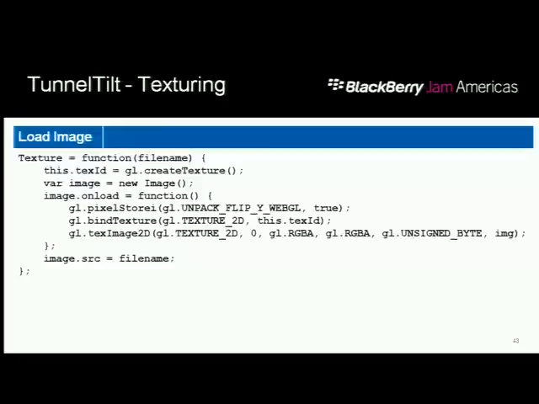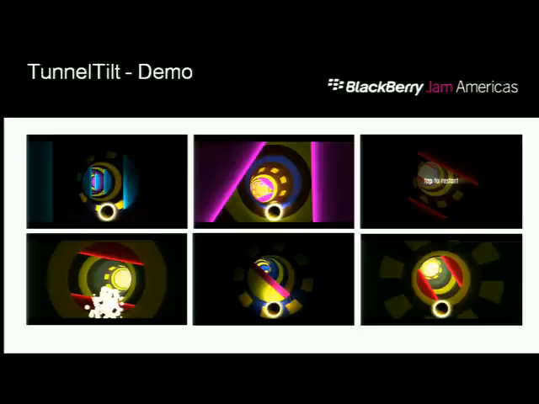You create a new image. You specify an onload function. And then you set the source equal to some file name. Once you set the source, that image begins to download. When it's finished downloading, it'll call the onload function. Then once it calls our onload function, we're simply binding to our texture and passing the image data along. So it's actually really nice. It's very, very simplified.